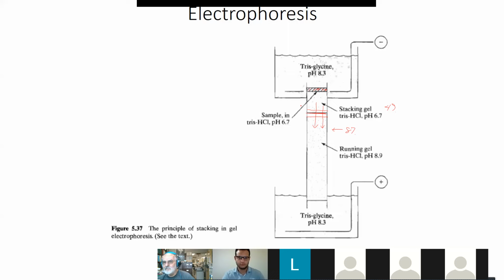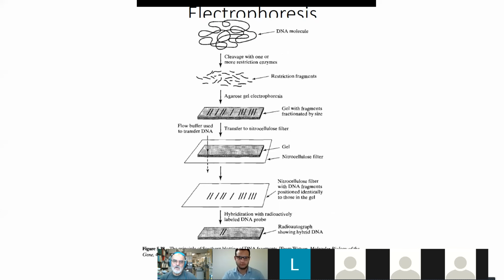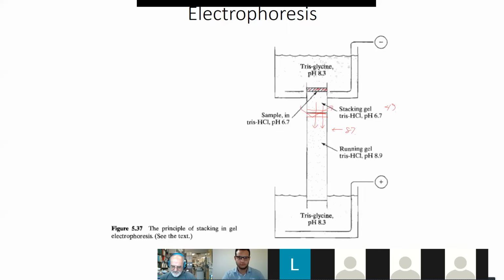And so light coming in will bend off of it, and you can actually see this sharp band, especially for the high molecular weight stuff. And then it will diffuse as it runs deeper into the gel. Okay, and so that's what Lemley did.